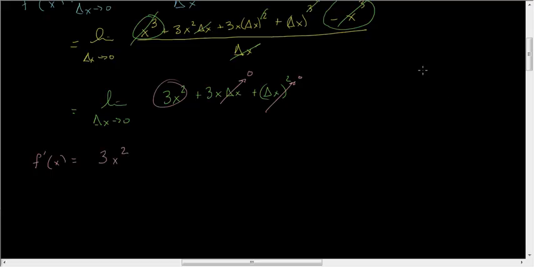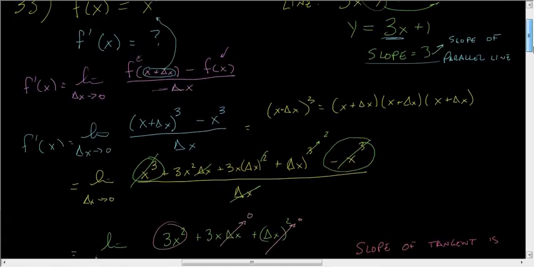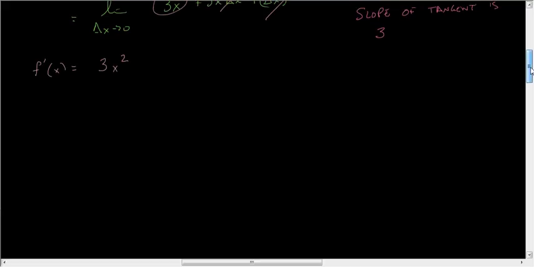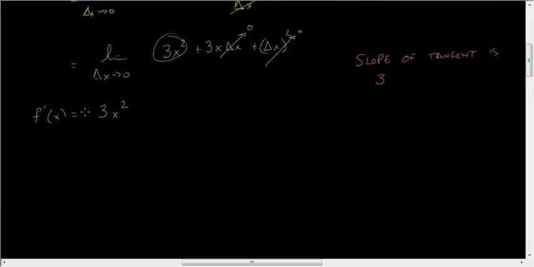So now we have our slope. The slope of the tangent line is 3. This is from up above. This is the slope of the parallel line. And so we know that the slope of the tangent line has to be 3. We also know that the slope of the tangent line is 3x squared.